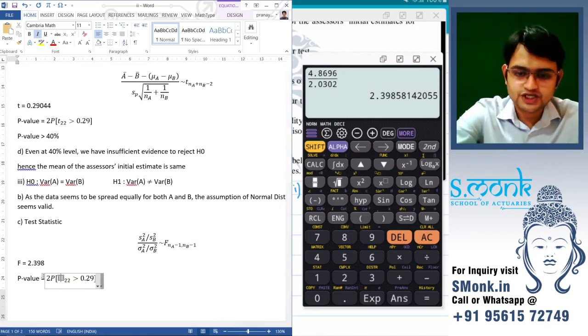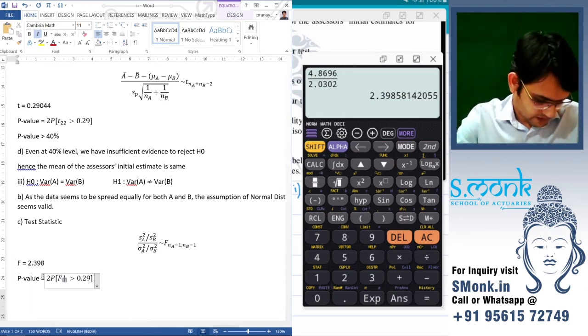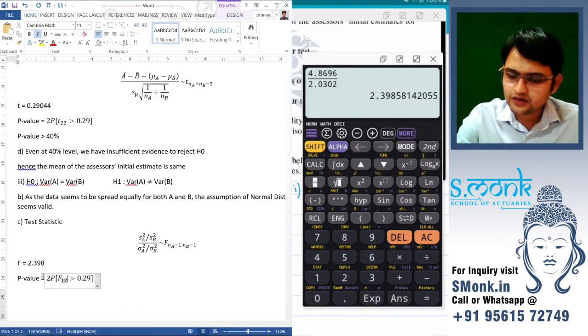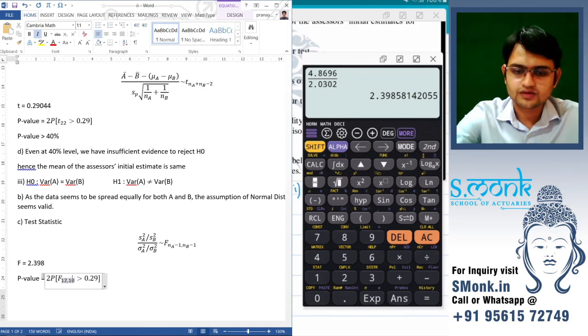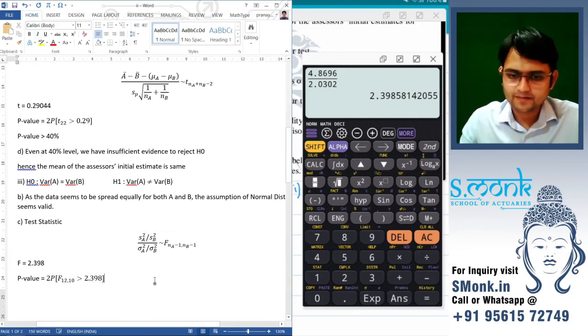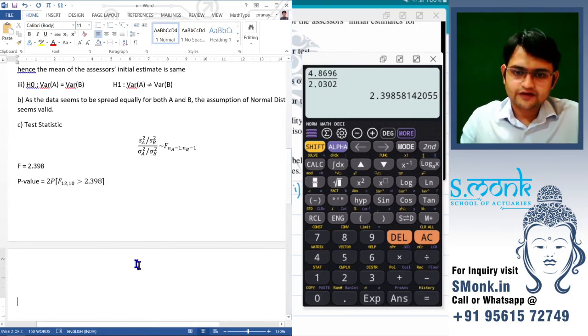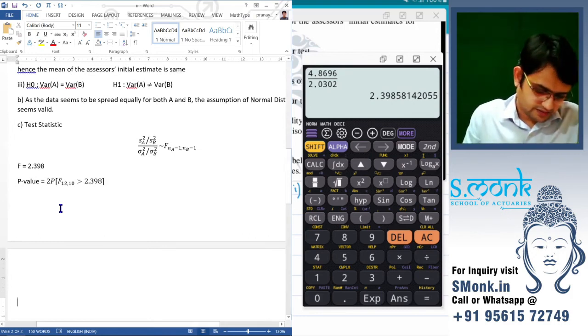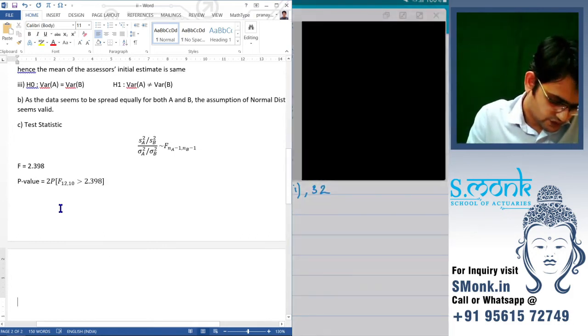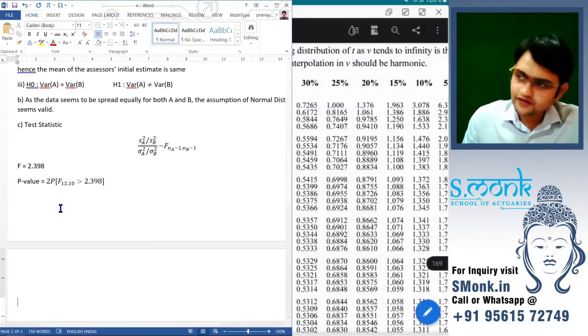I'll just change T to F, and in degrees of freedom we will have, I think, 12 comma 10. And I'll write here 2.398. Now we'll have to check our F value in the F tables.